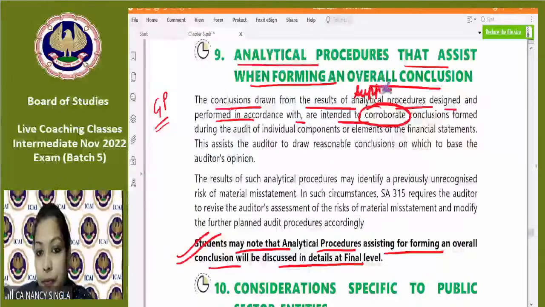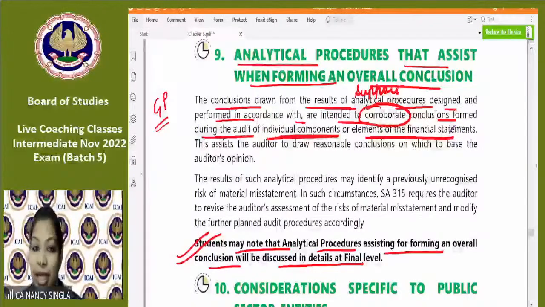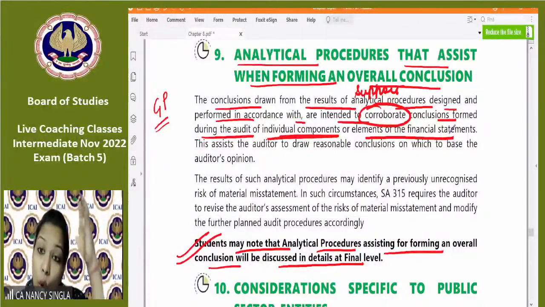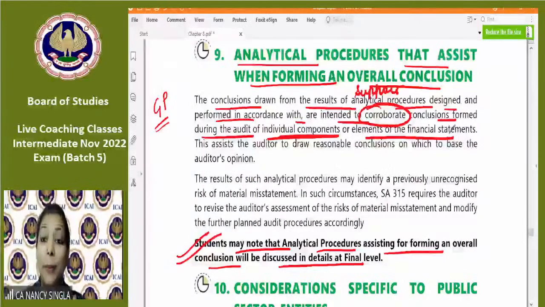Support conclusions formed during the audit of individual components or elements of financial statement, P&L का, जो all the items are there, GP ratio correct आ रहा है as per management expectation. It means कि ठीक है, but it is supporting the evidence that rest of the items are also correct.